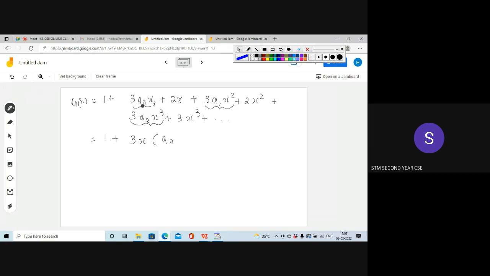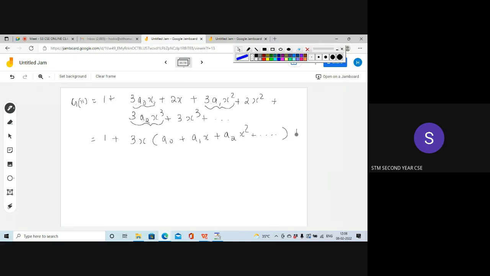So what will be the remaining part? a0 plus a1x plus a2x square plus etc.